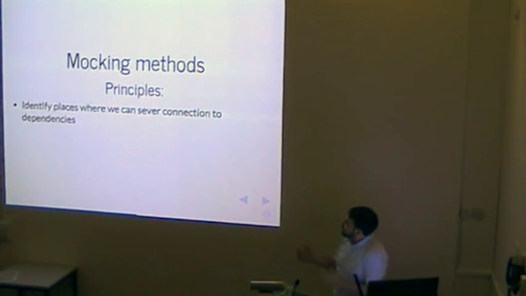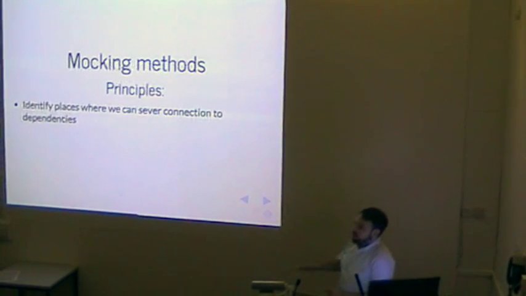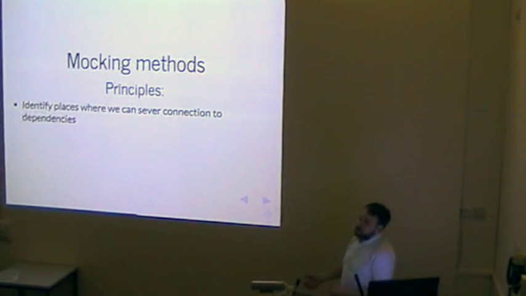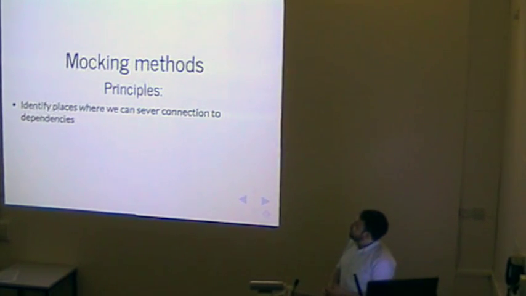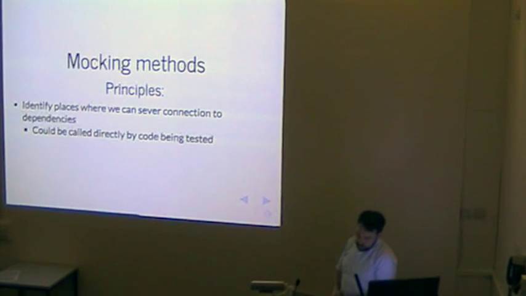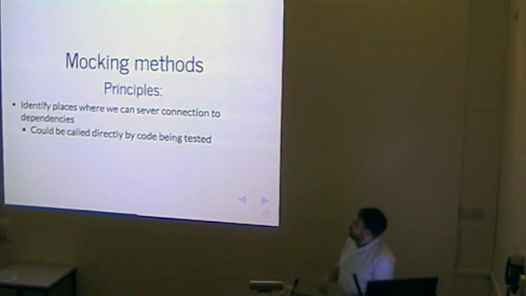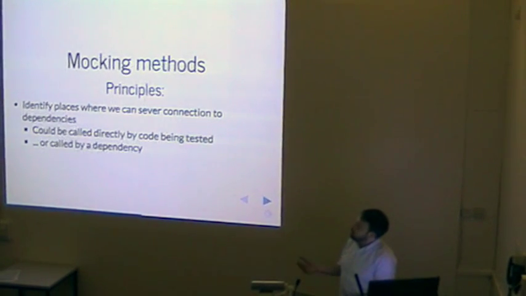In our test suite, we want to identify the places that we can sever the connection between dependencies. It could be a dependency on a database or a disk, a remote API, a web server. They might be called directly by the code in the test suite, or they could be called by a dependency.